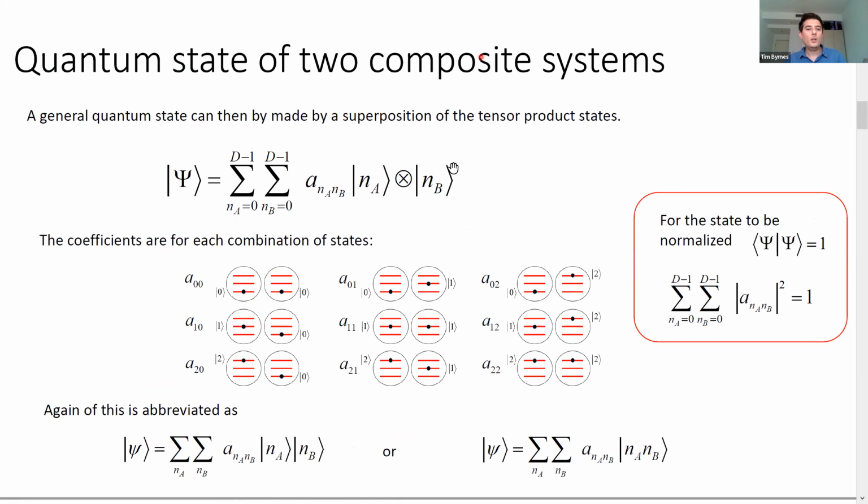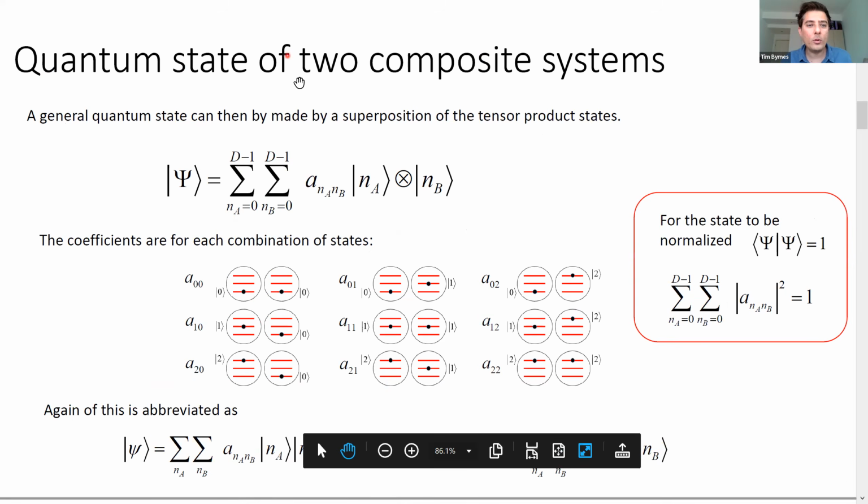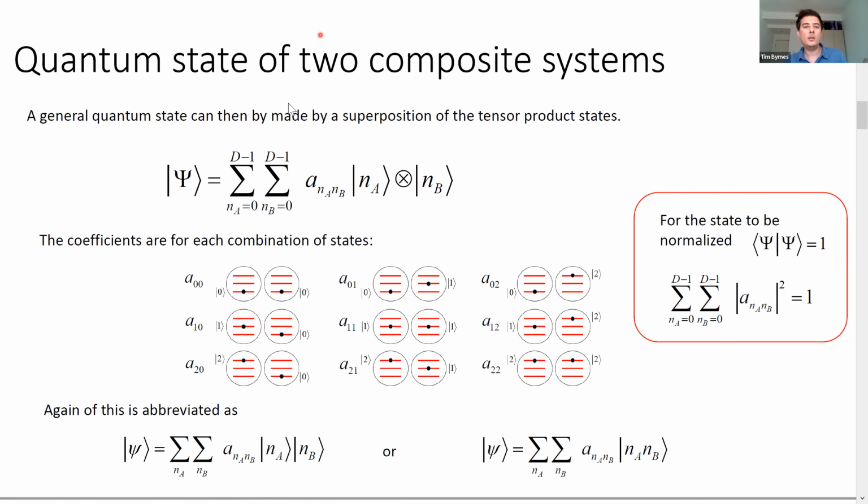All right. So what's a general quantum state that you can write in terms of this two-party system, right? Just like we did before, a quantum state can be made up of any kind of superposition of these tensor product states that we just defined.